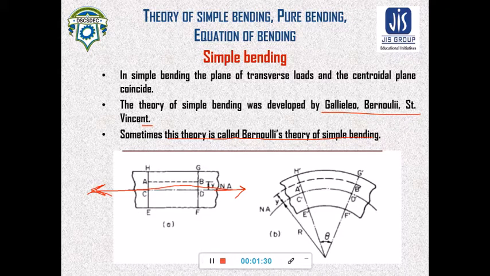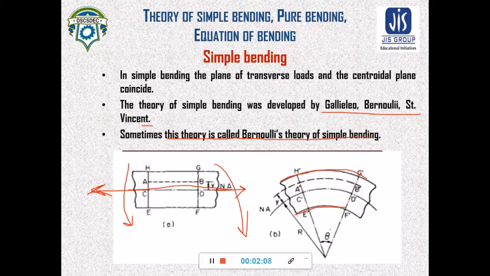So I guess you have understood simple bending. In simple bending, what will happen? Due to pure bending moment, the material will bend in the direction of the bending moment, and that bending will put one surface in tension and the opposite surface, or fiber, in compression.